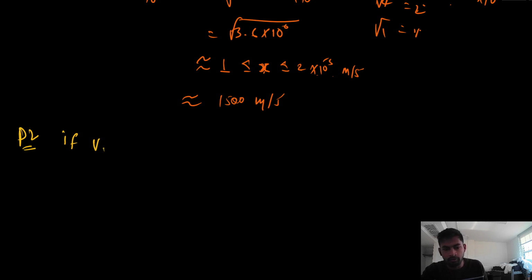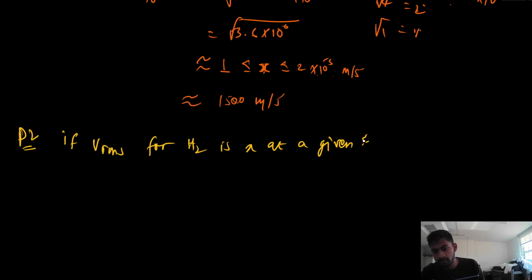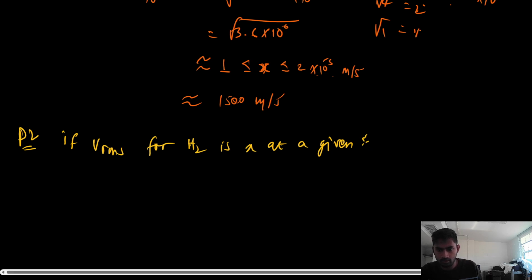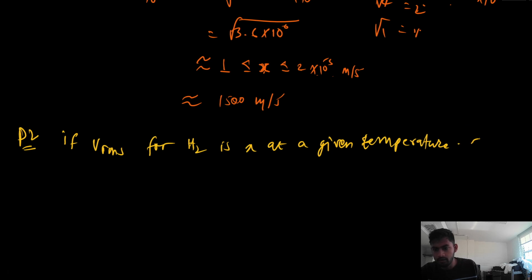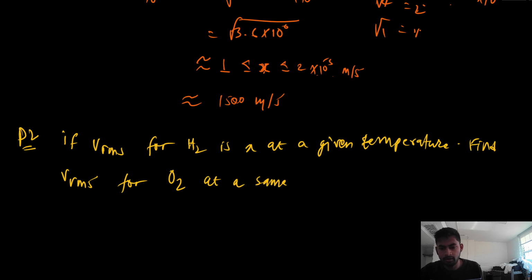If the root mean squared velocity for hydrogen is x at a given temperature, then find the root mean squared velocity for oxygen at the same temperature.